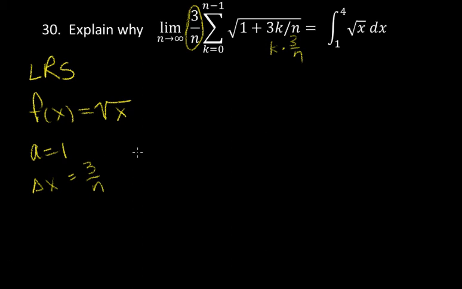And 3 is b minus a, so this together gives us the fact that b must be 4. And there we go. This is really all you have to do. You would say in answer to this question that this is a left Riemann sum for the function square root of x with a equals 1, b equals 4. And you're done. That proves it.